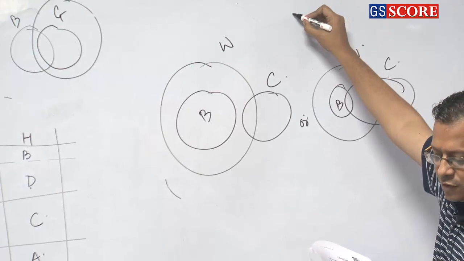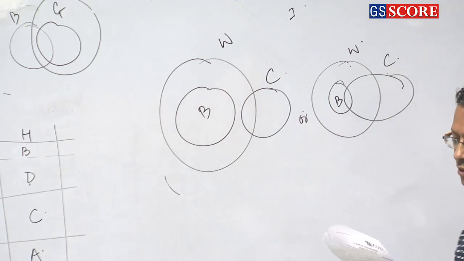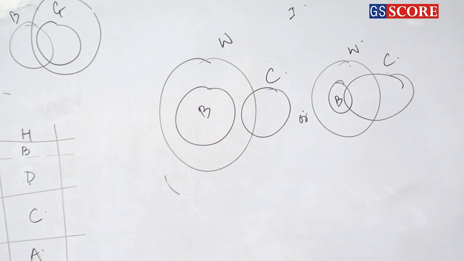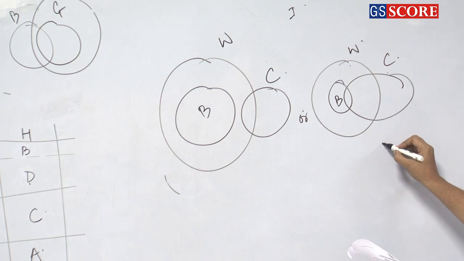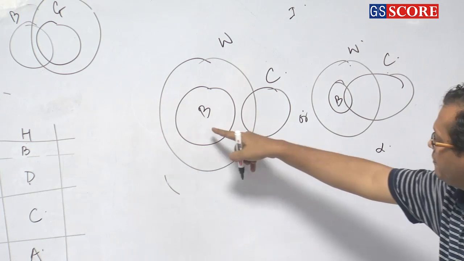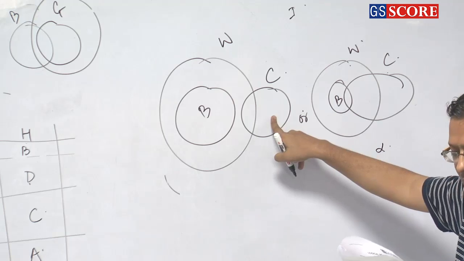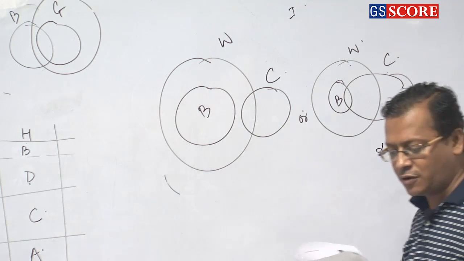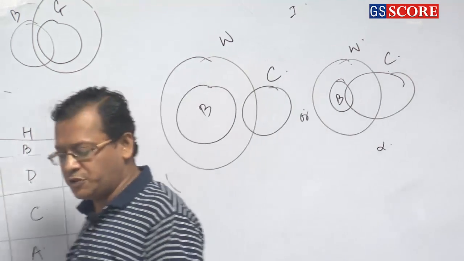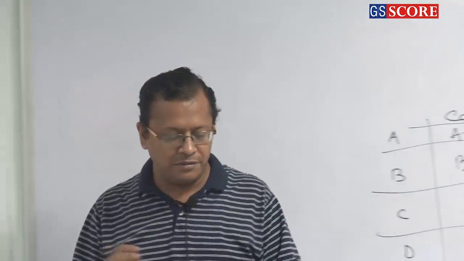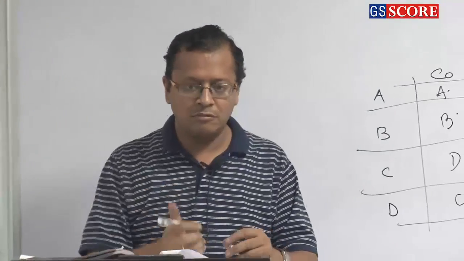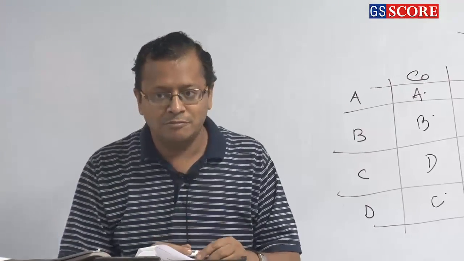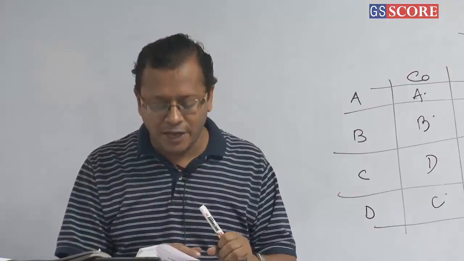So one definitely follows. No watches are books, does not follow. Some books are clips, follows from here. No book is a clip, follows from here, which means either 3 or 4 follows and 1 definitely follows, which means option number D. Clear or not? Right. Try the other questions.